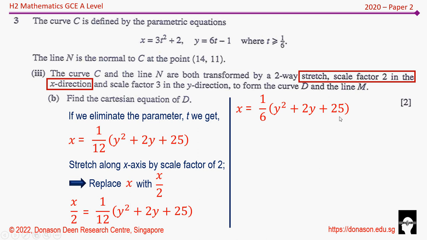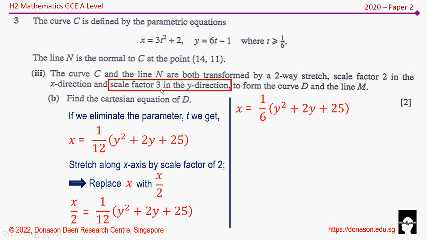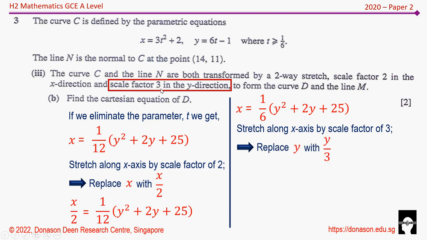Now we need to go for the stretch along the y direction by a scale factor of 3. Of course, this time we're going to replace the y with y over 3. So let's replace the y with y over 3, and of course each of these is going to turn into y over 3, and x equals 1/6. The y I have replaced with y over 3 squared, and this y also I am replacing with y over 3, plus 25, and we can simplify that.